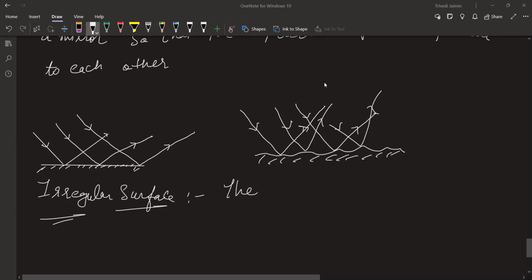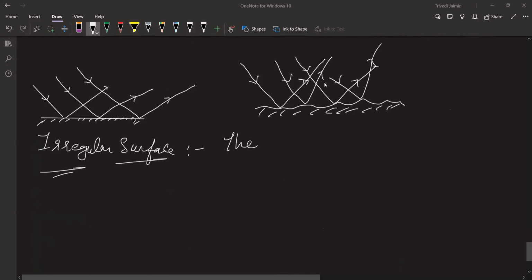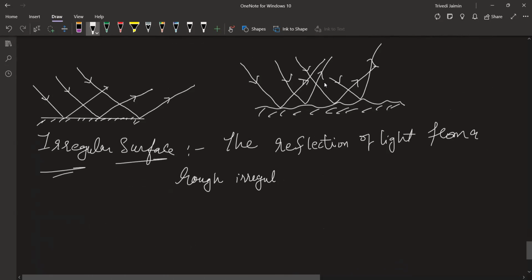So for the irregular surface, the same way we wrote for regular: reflection of light from an irregular surface such as the wall of a room.